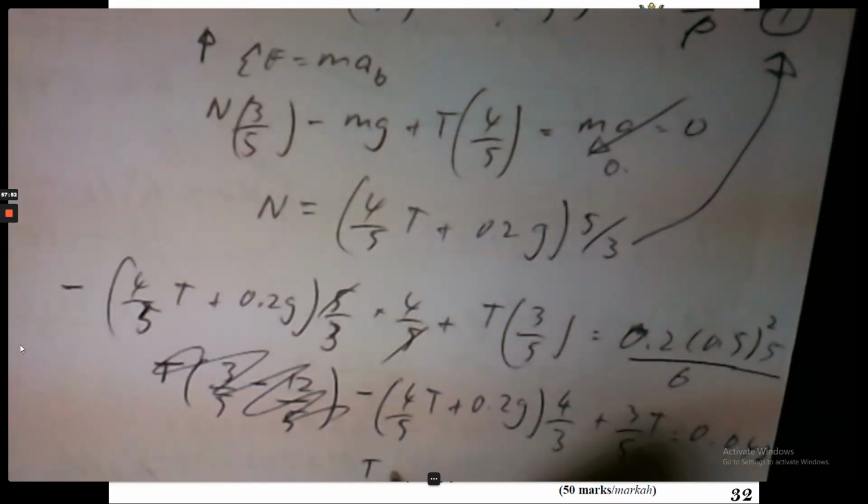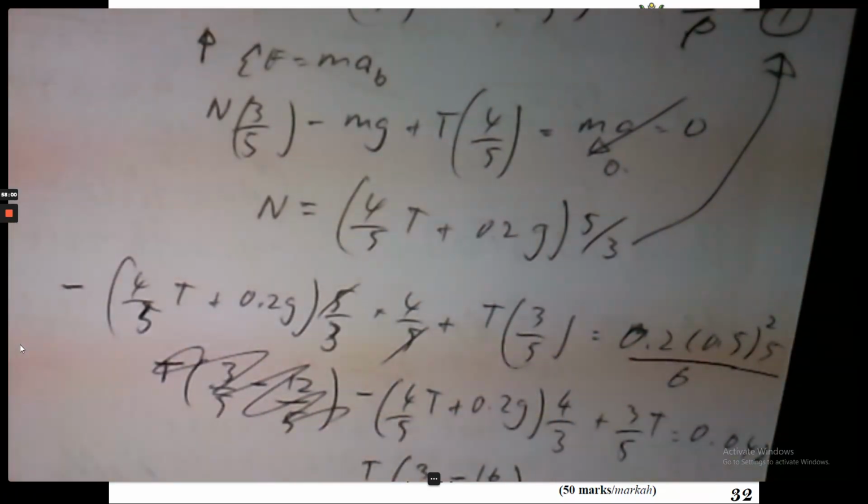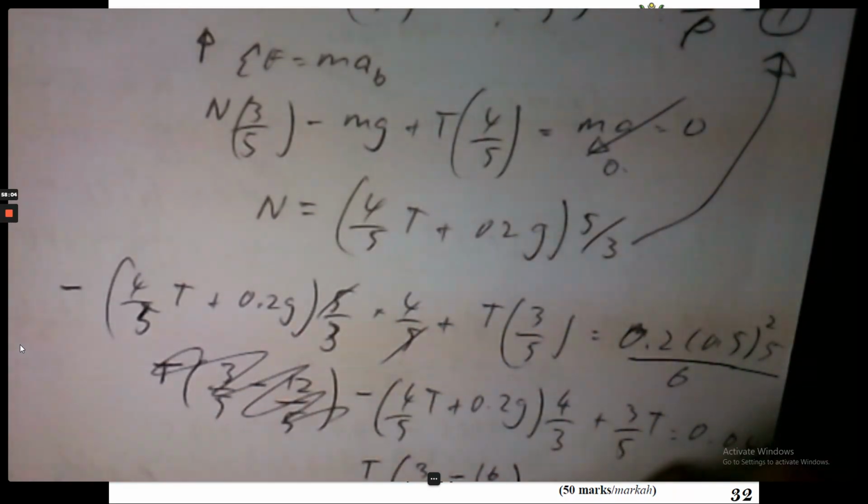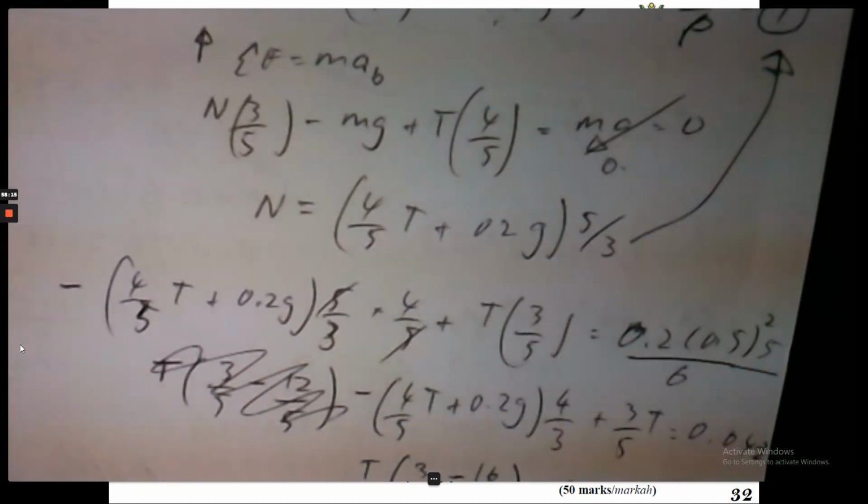Okay, let's put T outside, so we have 3/5 minus 16 divided by 15. That looks okay. Equals to 0.042 plus 0.8 g divided by 3.